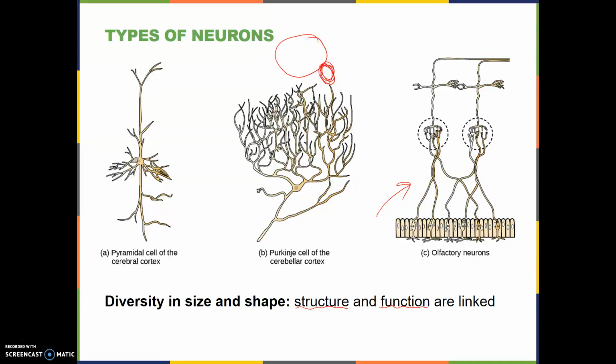It's not the brain stem, but it's posterior to the cerebrum, closest to the spinal cord. That's easiest to say. And then olfactory neurons, which function in smell.